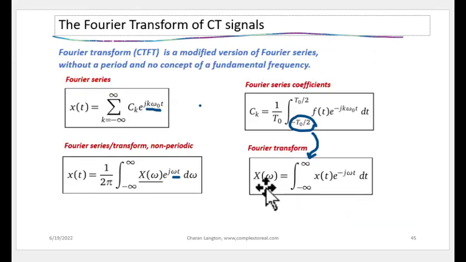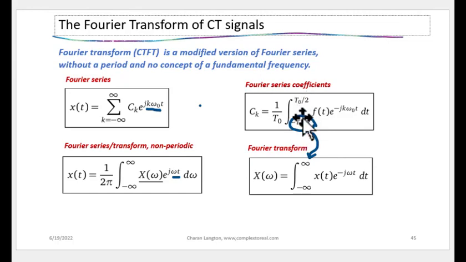Now I'm going to shift into the development of the CTFT equations. Fourier series is written like this. This is the time domain equation, and the Fourier series coefficients are developed like this. Fourier transform, on the other hand, is written in this fashion, where this big X of omega is the Fourier transform, and then the expression for that is this.